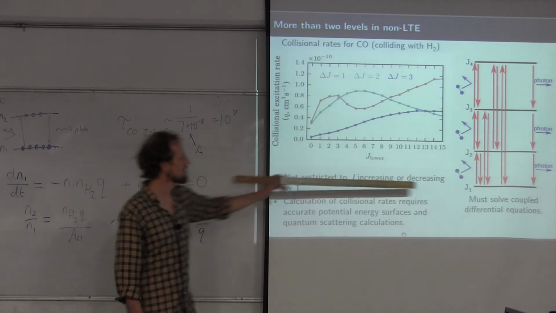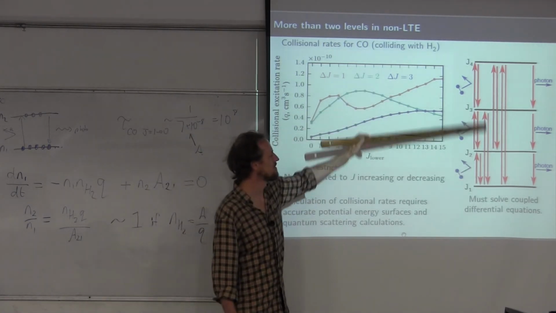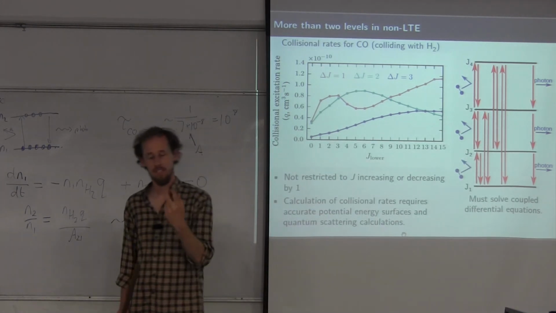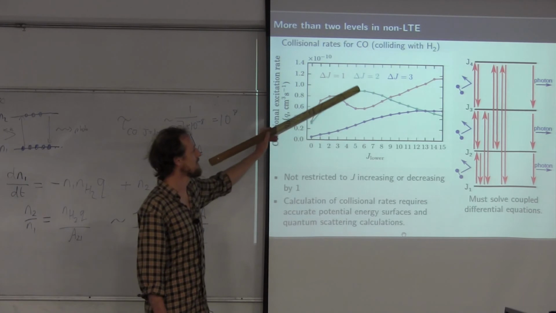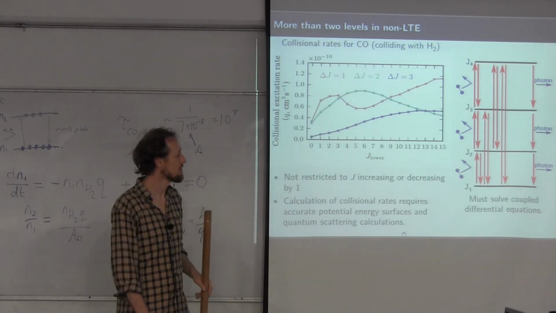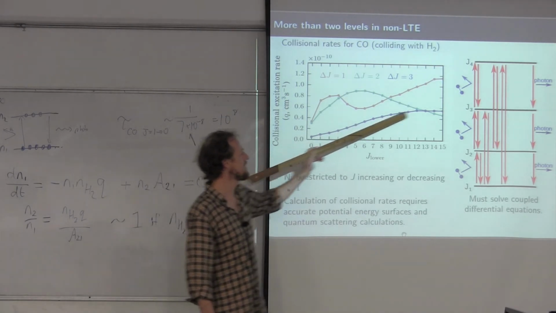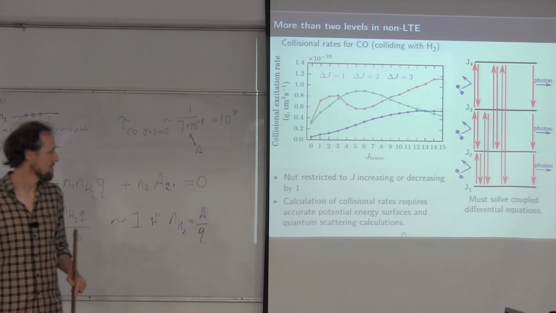The first number is from J equals 0 to 1, and then it increases. The J equals 2 curve is for transitions between levels that differ in rotational level by 2. And in some cases, that can be more likely to happen than even the delta J equals 1 transition. And the delta J equals 3 transitions are somewhat less likely to happen.